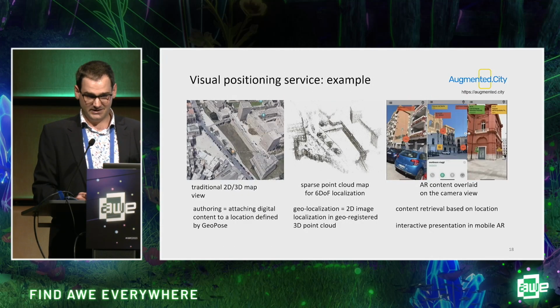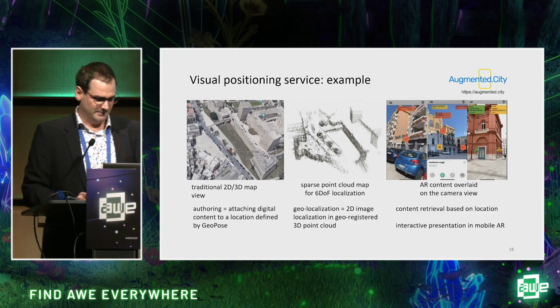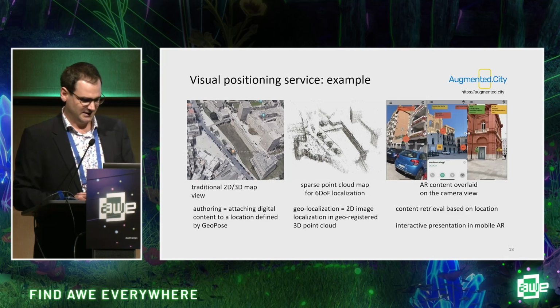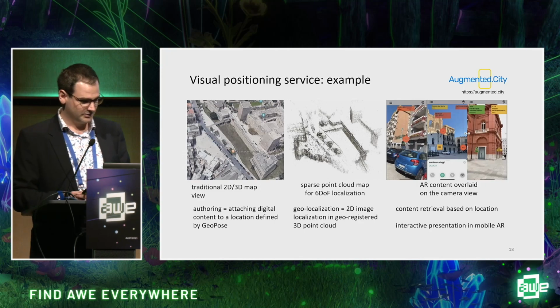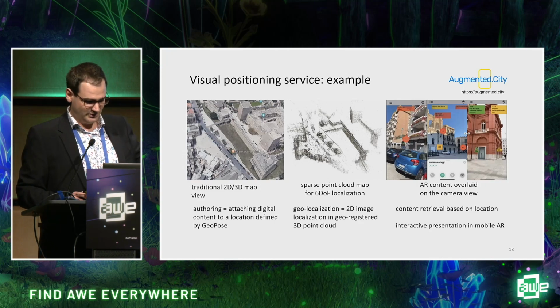We came up with an example protocol, a protocol proposal in this Open Cloud, on how to use interoperable visual positioning. But for those who are not familiar with visual positioning, here is an example from one of our partner companies, Augmented City from Italy. So you usually have a traditional 2D or 3D map, which you can use for anchoring.